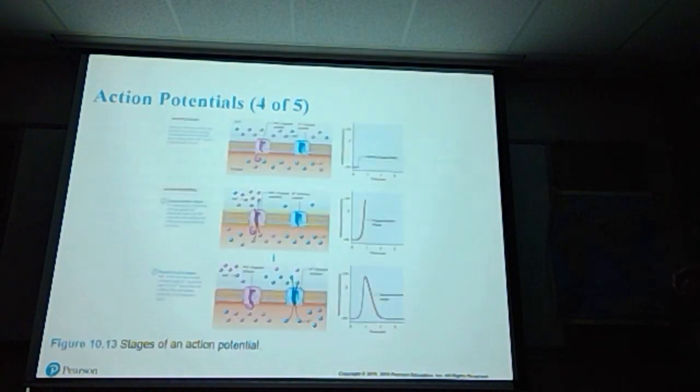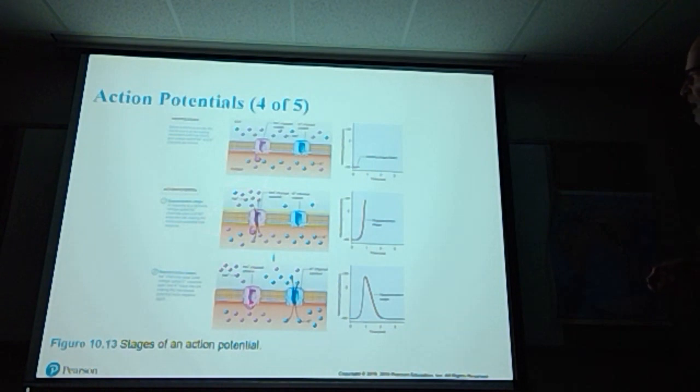So there is the drawing showing you: here's the cytosol, here's the sodium channel closed, the potassium channel closed, both are closed. Sodium channel opens, allows all of this sodium to start moving, changing the potential between these two areas.